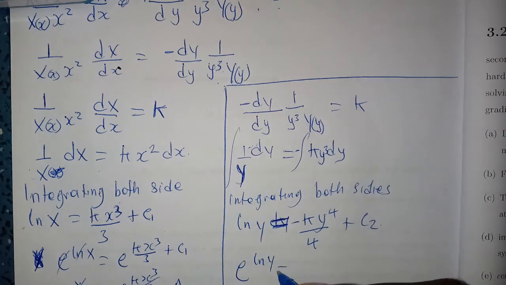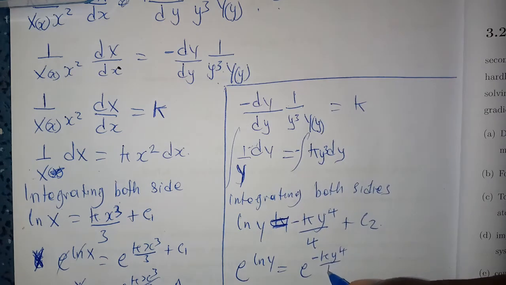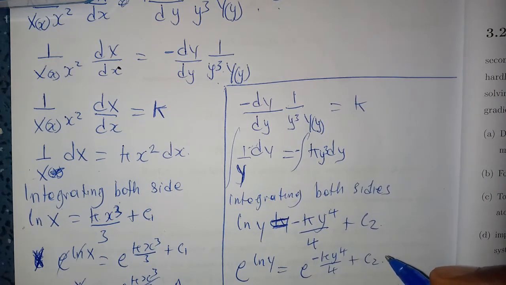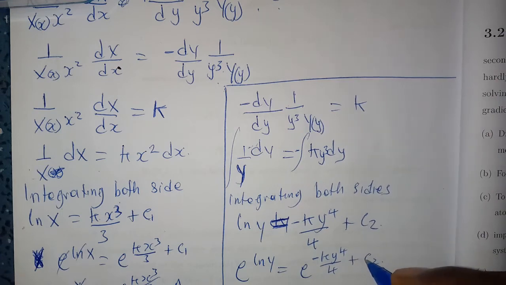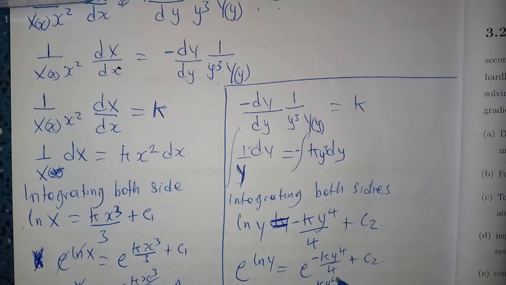ln y equals exponential negative ky to the 4 over 4 plus c2, where our exponential of c2 is b. So it is the same thing as exponential negative ky raised to the power 4 over 4 multiplied by exponential of c2. c2 is a constant, so we can then just put b there.